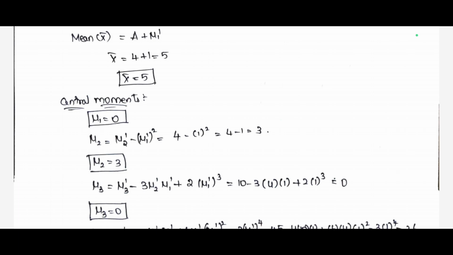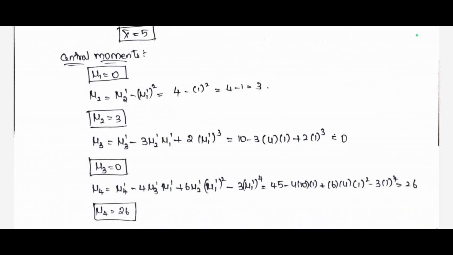Next, coming to the mu2, we got 3, and mu3 is equal to mu3 dash minus 3 mu2 dash into mu1 dash plus 2 into mu1 dash whole to the power of 3. So like that we got 10 minus 3 into 4 into 1 plus 2 into 1 to the power of 3, we got 0.